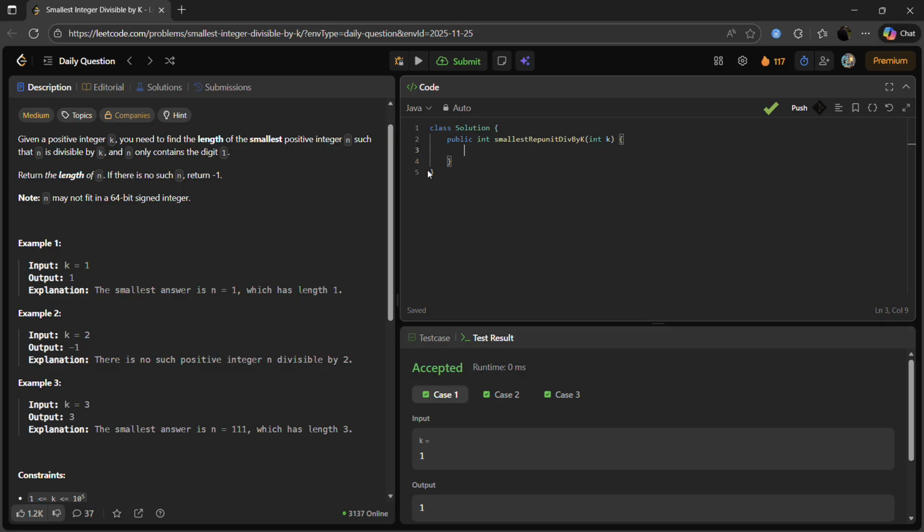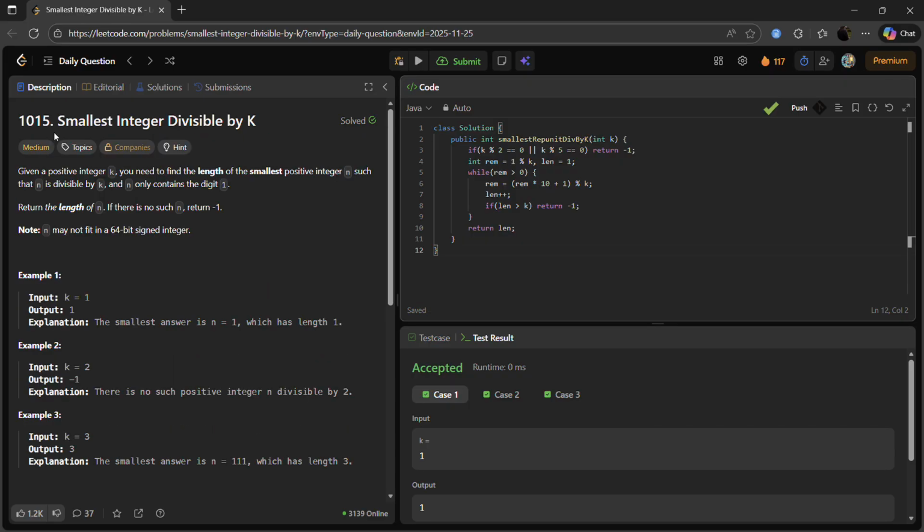Okay, so I have already written this code. I will show you. This is the code for today's LeetCode problem. What we have done is check whether k is divisible by 2 or k is divisible by 5. Then we return minus 1, because we can't generate any number. Then initially we take r is equal to 1.